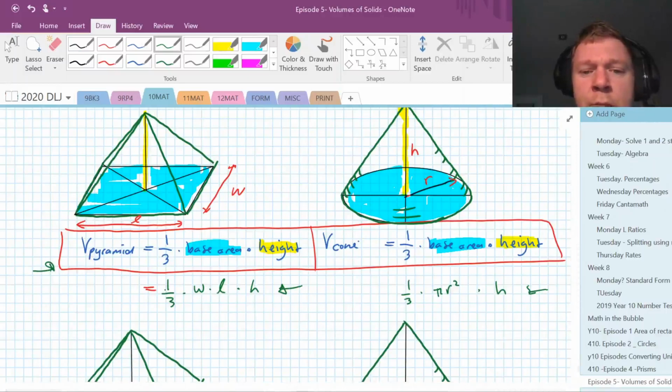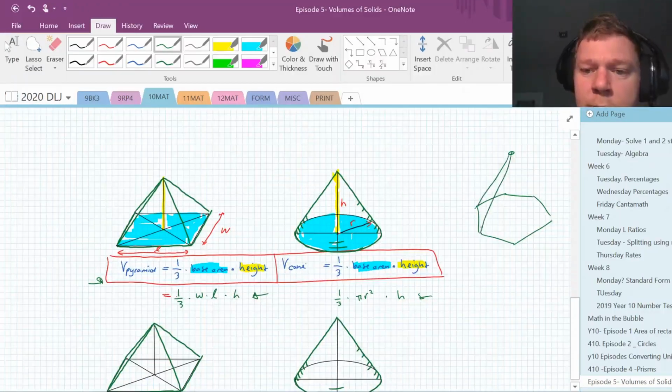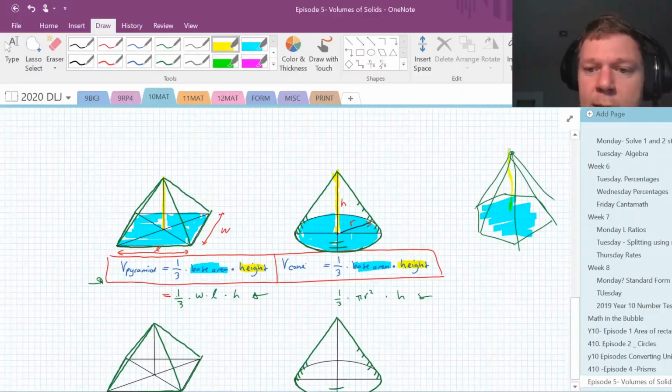So you can do this for a hexagonal pyramid that might look like any sort of weird pyramid that goes up to a point in the middle. It's just going to be 1/3 times the base area times that height up to the top.